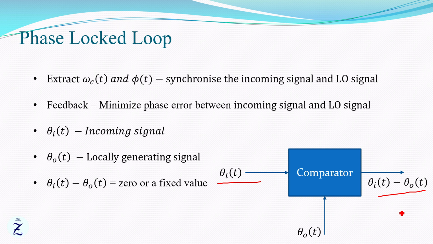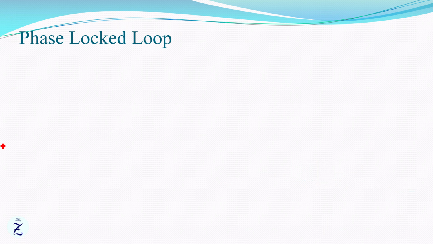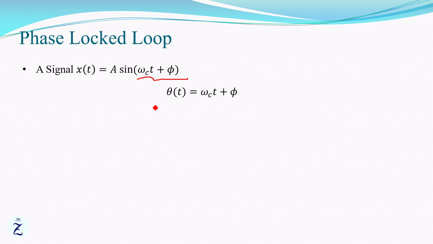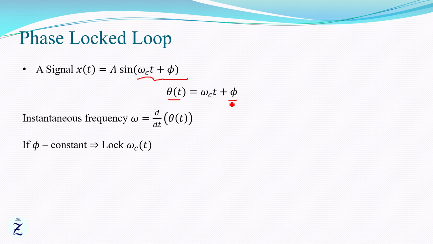Here you should remember one thing. In a signal A sin(ωct + φ), this whole term ωct + φ is the instantaneous phase of the system, and from this we can find the instantaneous frequency by just differentiating the whole term with respect to time. So if this φ term is constant, that is independent of time, then in a PLL circuit we need to lock the frequency ωc.